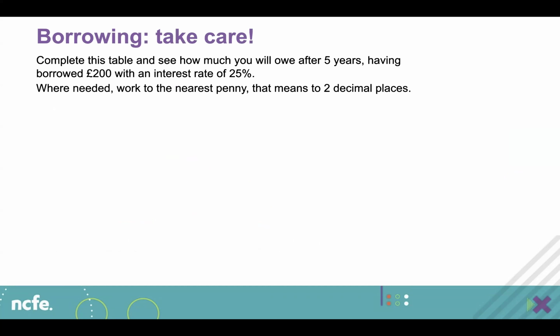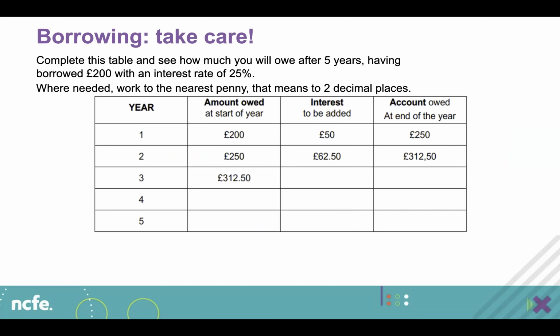Complete this table to see how much you will owe after 5 years, having borrowed £200 with an interest rate of 25%. Where needed, work out to the nearest penny, which means to two decimal places. So if we add the interest to £312.50, we need to work out what 25% of £312.50 is.